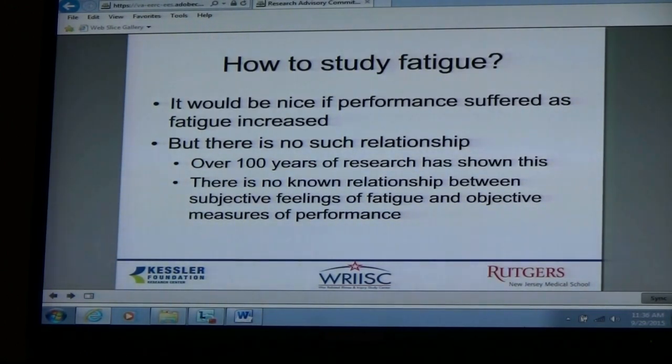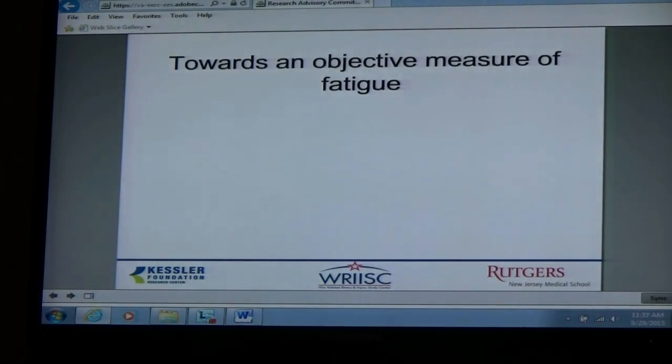Even though, from a scientific standpoint, it would be nice if performance suffered as fatigue increased. And actually, that was something Mike just showed. In the exercise stuff, these guys who we know are fatigued were able to perform just as well as the control. So it's been a problem for over 100 years in the study of fatigue.